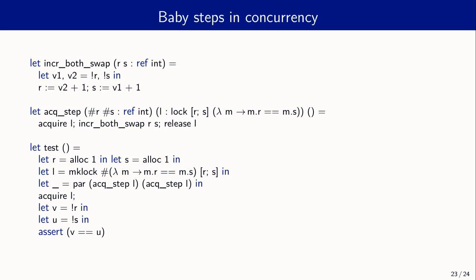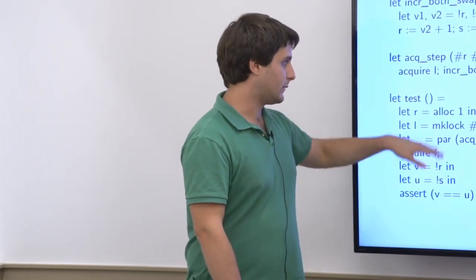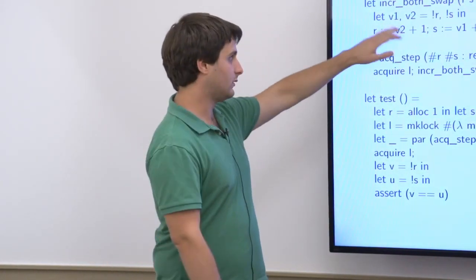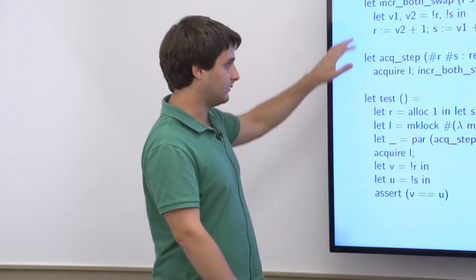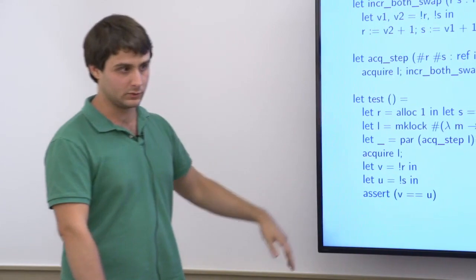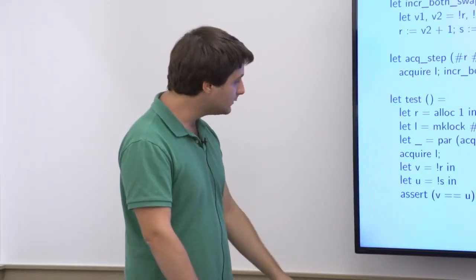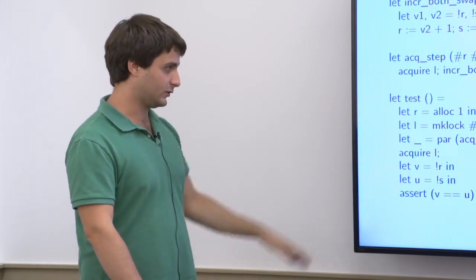So we allocate two references and make a lock with the invariant that they're equal, and then make a parallel composition of this that will acquire the lock, increase both of them, release it, and all of this verifies by checking that the invariant holds any time you release the lock, and you get to assume it any time you acquire the lock. So those are the baby steps we're taking in concurrency for now, I guess.